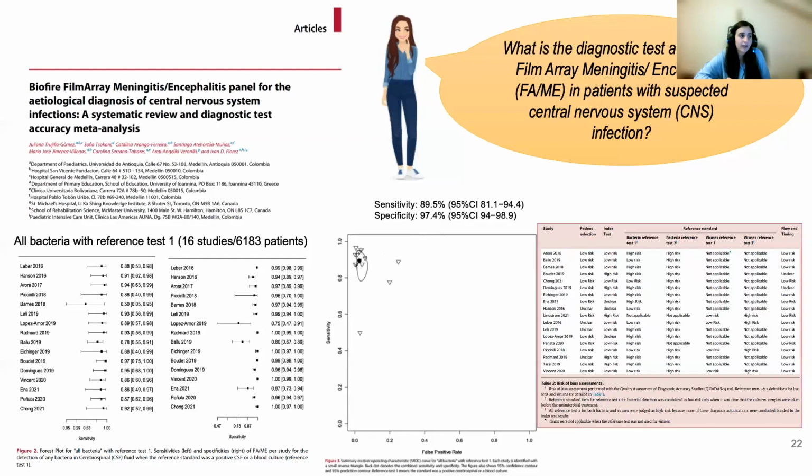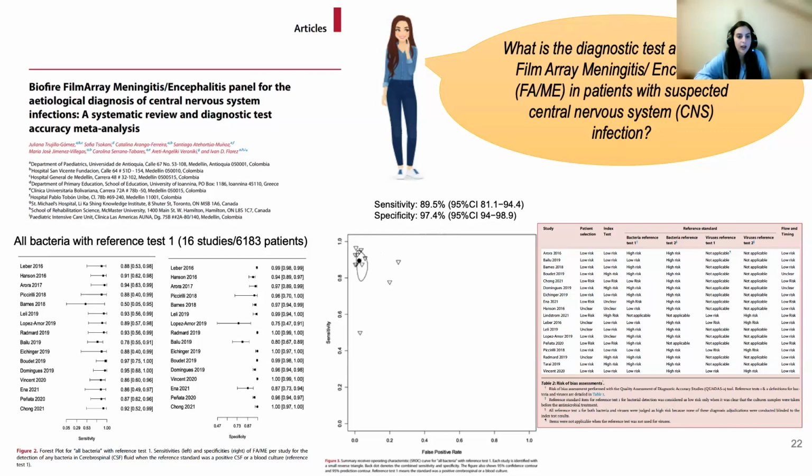we summarized the information coming from all these studies in a summary point, and we have the summary sensitivity and specificity. The summary sensitivity was estimated to be 89.5%. That is, that the test correctly identified 89.5% of the individuals who actually had the disease, while the specificity was very high and was around 97%, which means that the test can correctly identify 97% of the non-diseased individuals.